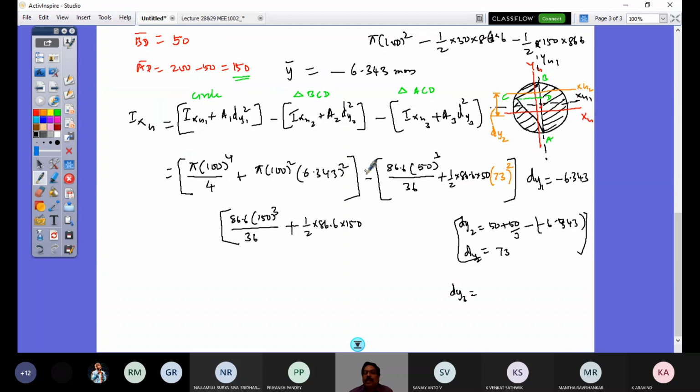That's what we have seen in the previous discussion. So that will be 0 minus of 6.343. I will get simply 6.343 mm. So I would get 6.343 square. All these brackets should be calculated, and I have the calculated values with me. I'll just put them down. You can verify.